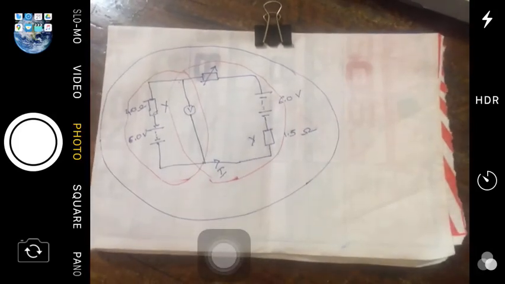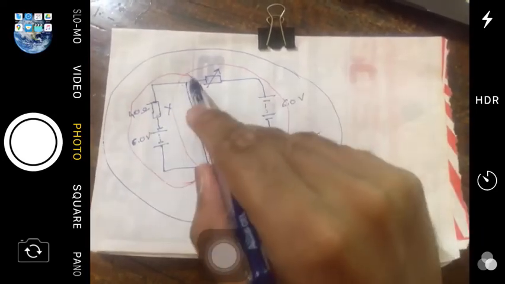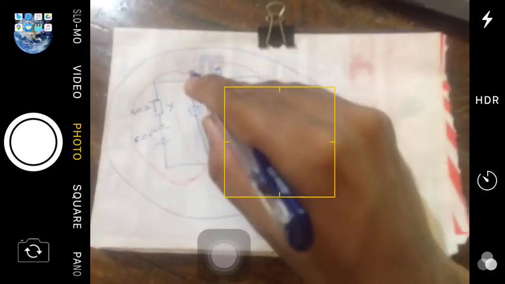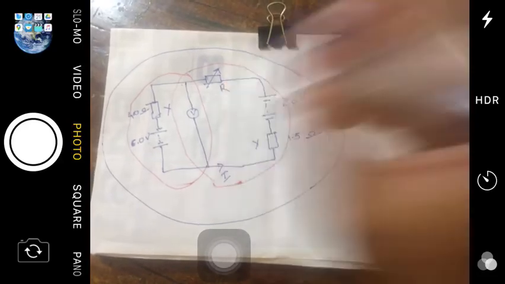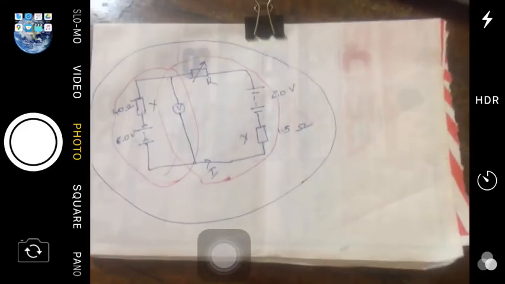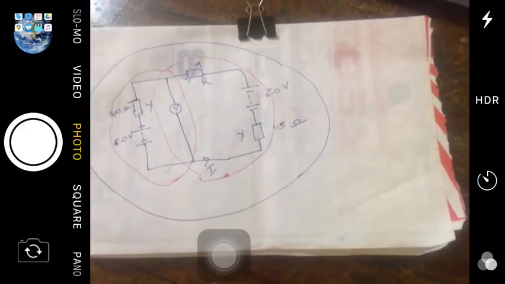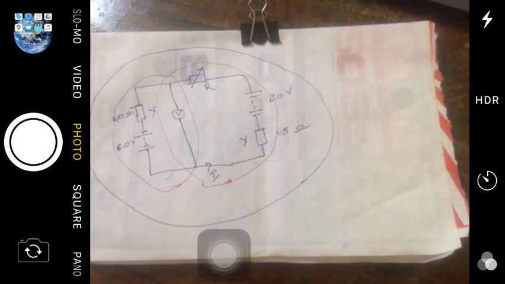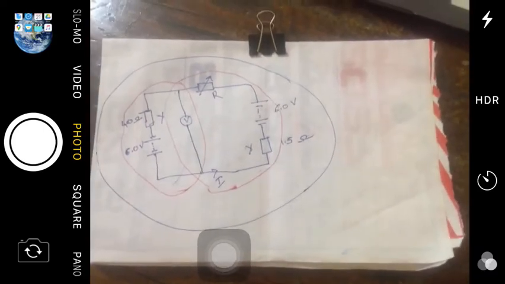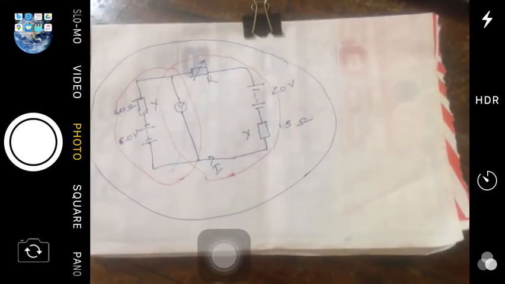Then you have this one and this one, but in this loop you don't know about the R, so I'm choosing this loop. So you have to see how the argument filters out. If you look at the mark scheme, they have applied Kirchhoff's second law to this loop, but how would you know that you have to apply it for this loop?